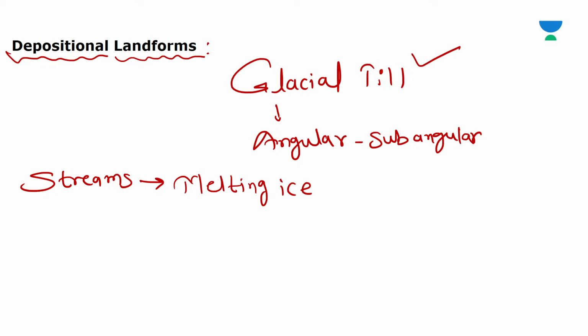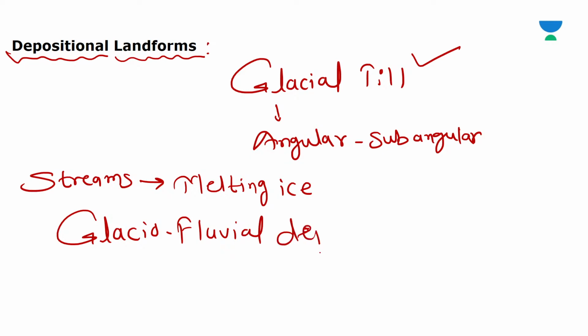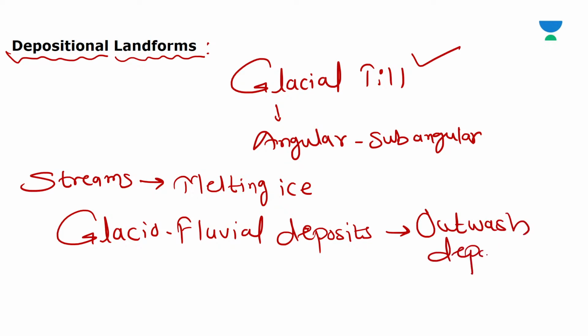Such glacial deposits are called outwash deposits.